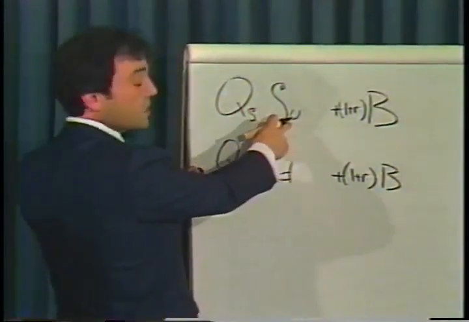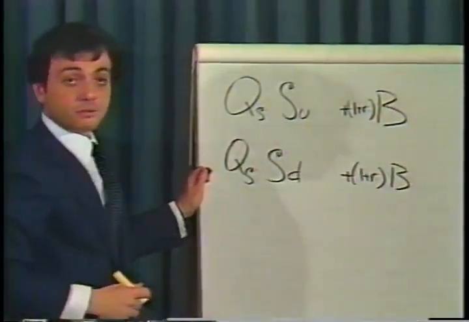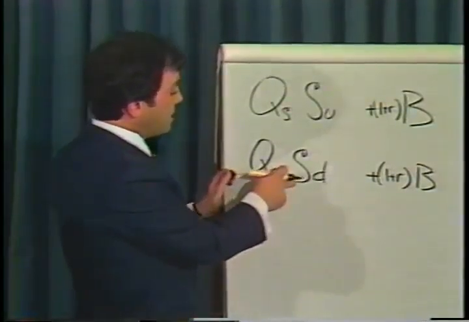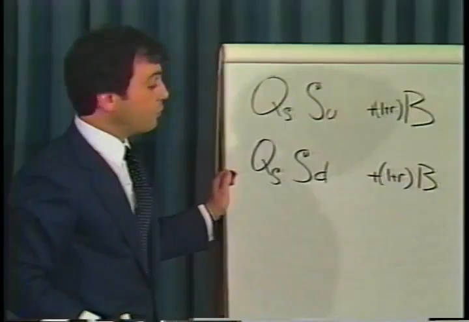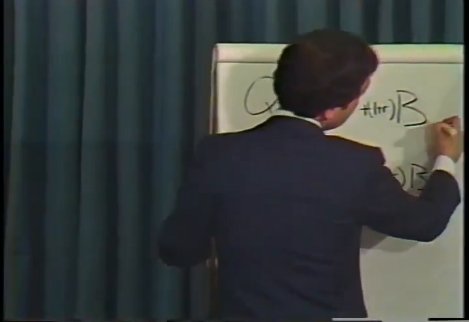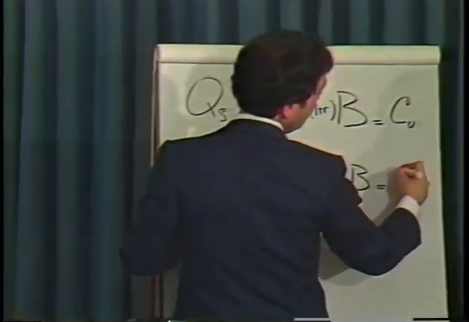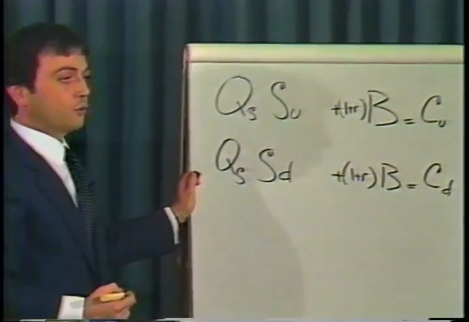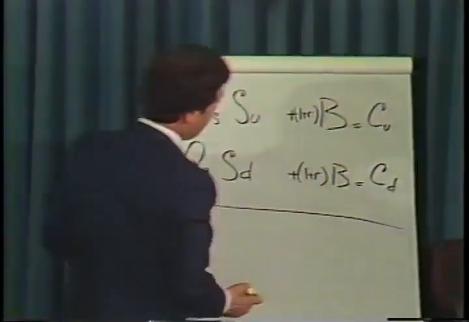So our portfolio next period will be Q sub S times S sub U plus (1 plus R) times B, if we are in the up state of the world. And Q sub S times S sub D plus (1 plus R) times B if we are in the down state of the world. And if we are in the up state of the world, the value of the call would be C sub U. And if we are in the down state of the world, the value of the call will be C sub D. Now, we have two equations here.